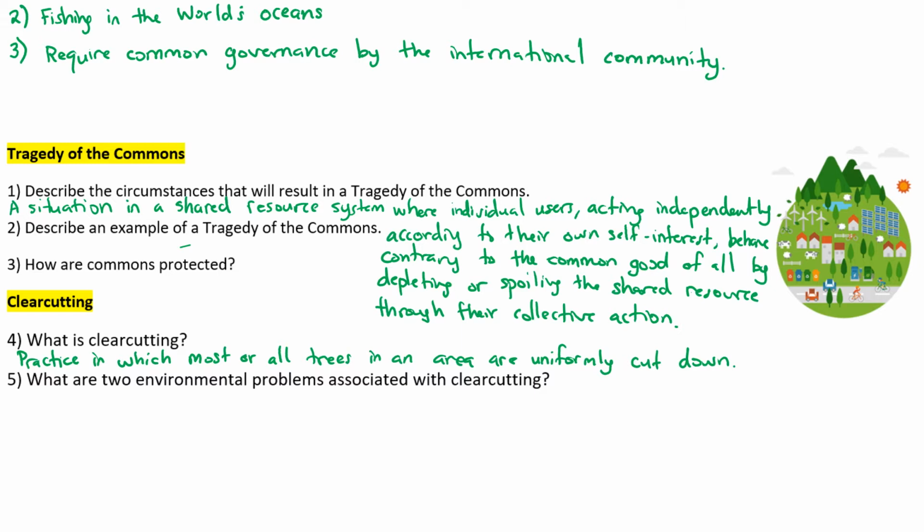Number 5, what are 2 environmental problems associated with clear cutting? So, the primary one that affects organisms would be habitat loss. So let's write that down. Habitat loss. And like I said, loss of biodiversity.